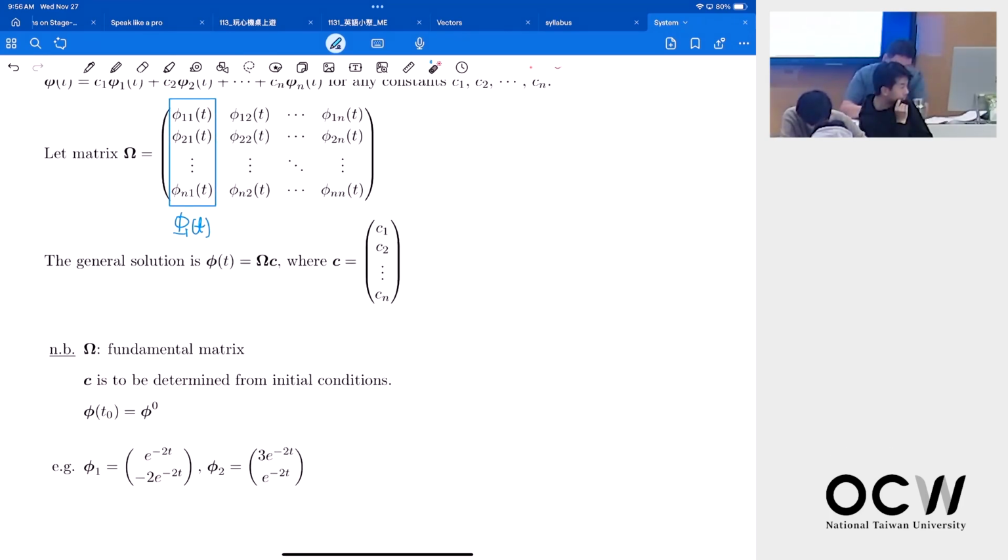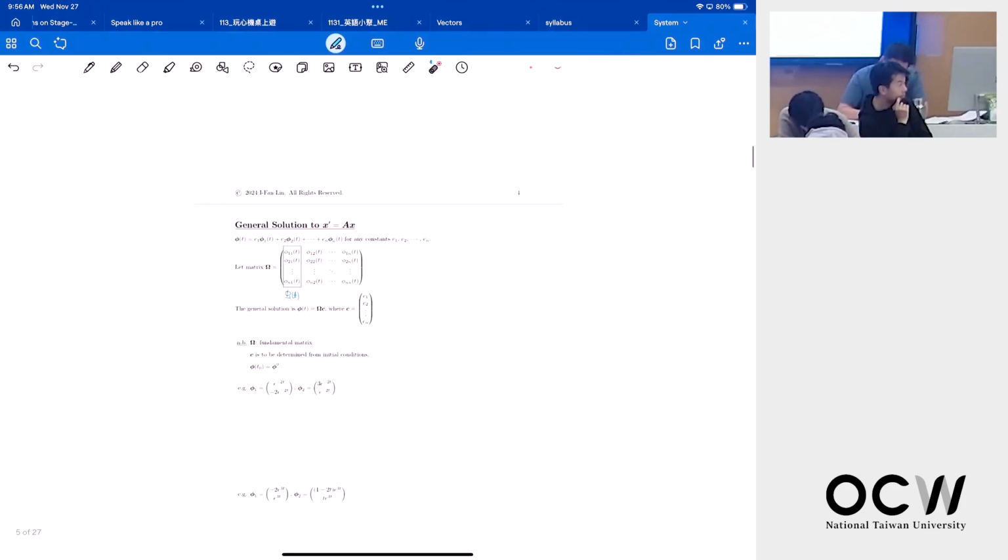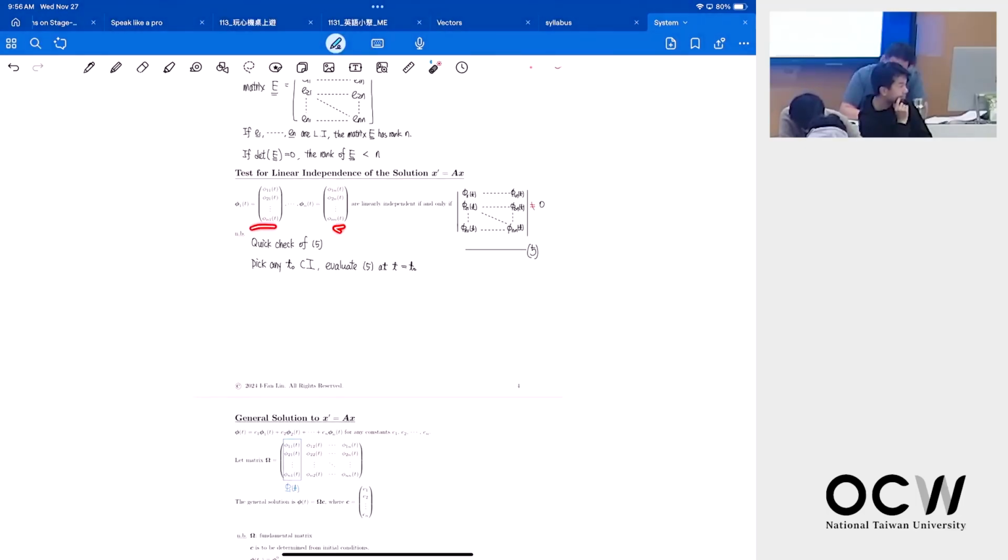Okay, back to our test. We need to check phi 1 to phi n are linearly independent, and then they can form the fundamental solutions. This is also a function of time. How can I know this is equal to 0 or not? Then we will plug in any number like t naught in the region.